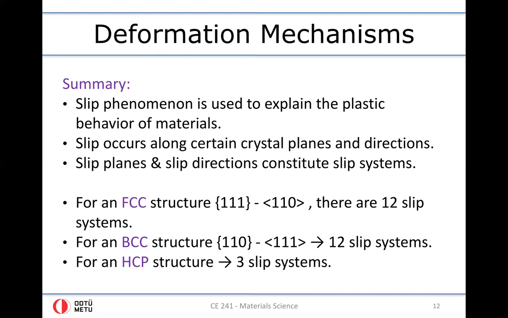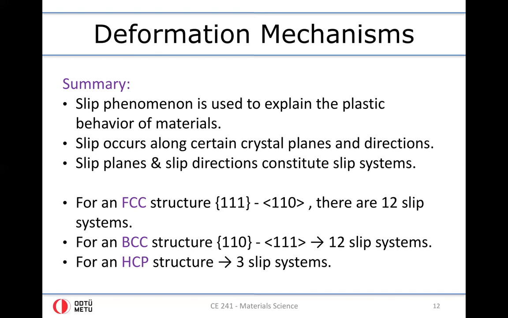BCC metals, with the same number of slip systems, for example iron or chromium, are less ductile compared to FCC, but stronger because they are not as closely packed as FCC. So for that reason, although they have the same number of slip systems, BCCs with the less closely packed structure behave in a less ductile way, or we observe stronger behavior.